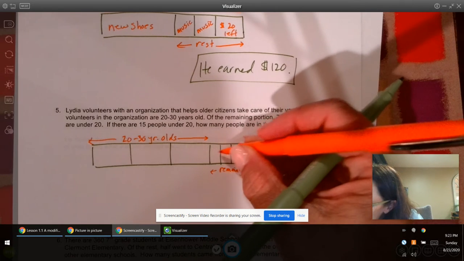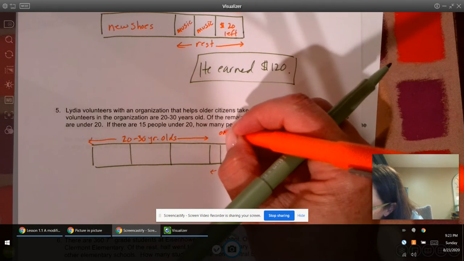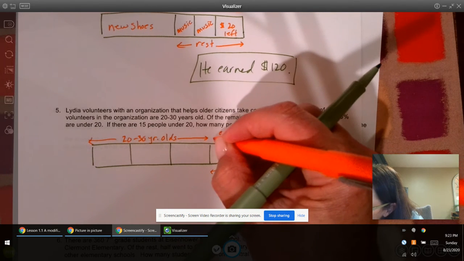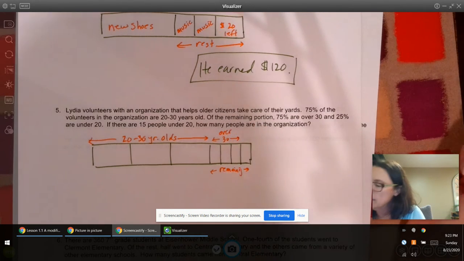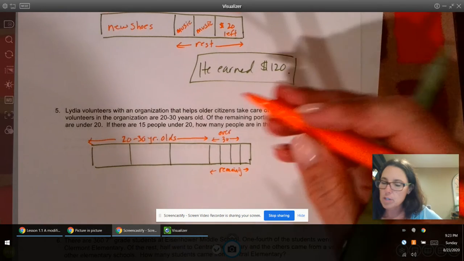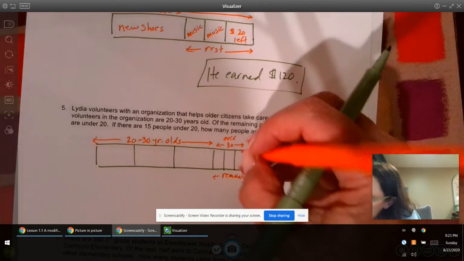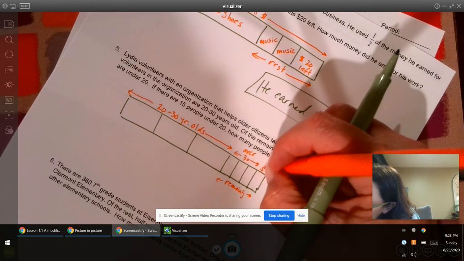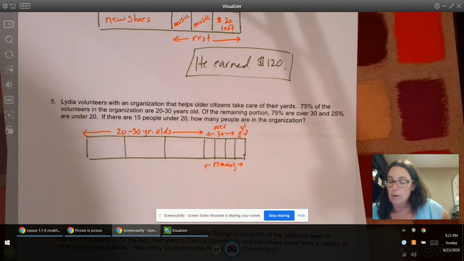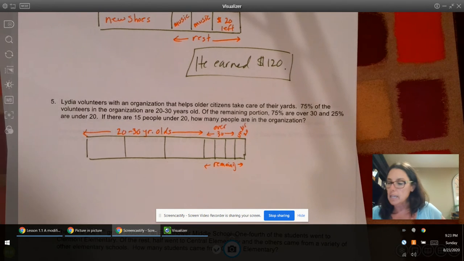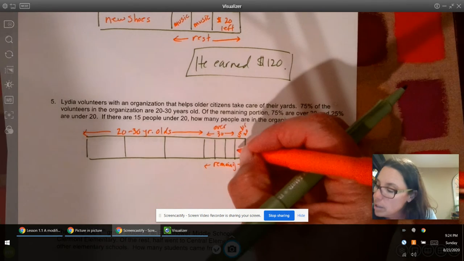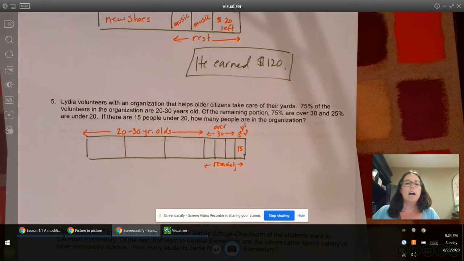So do you understand that 3 of these boxes are over 30? 25% are under 20. So let me write under 20 is that one little box. Okay, now here's the key to the problem. I have it all labeled up. If there are 15 people under 20, do you know where that 15 goes? Right here. All right, here comes a bunch of questions.